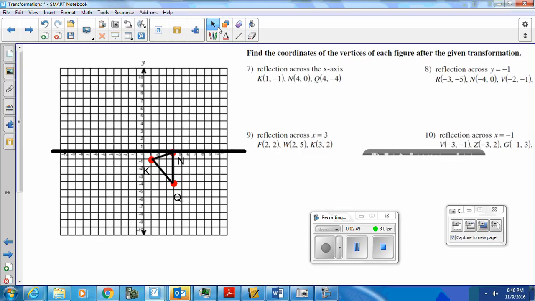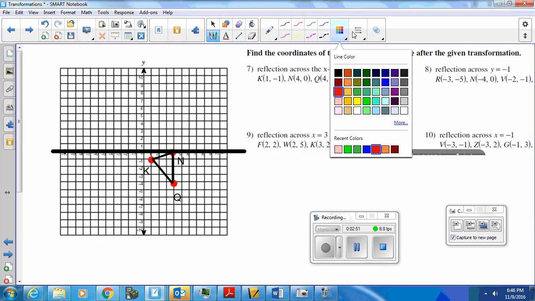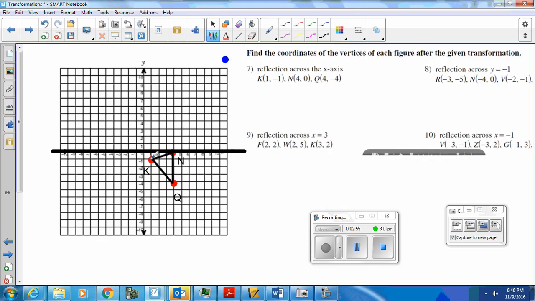K is going to be up here. So k, remember you count up 1, up 1. That's going to be k prime. So my k prime is going to be 1, 1.